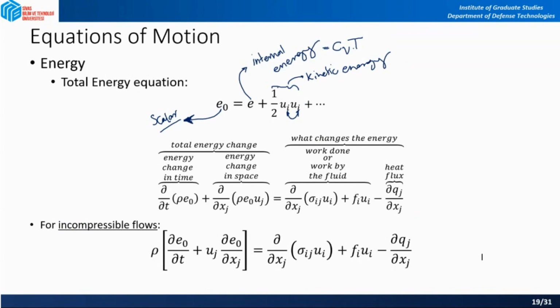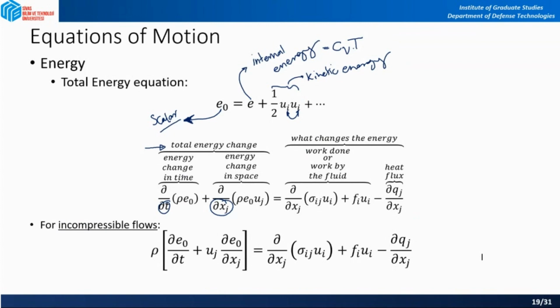So now we want to show it in mathematical terms. How to show it? The total energy change that we have in the left hand side is composed of the energy change in time, plus the energy change in space, spatial change of the energy.